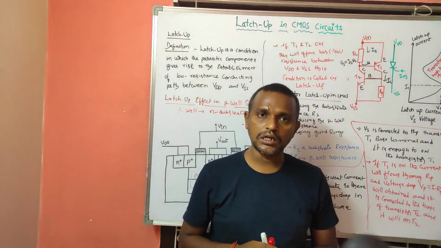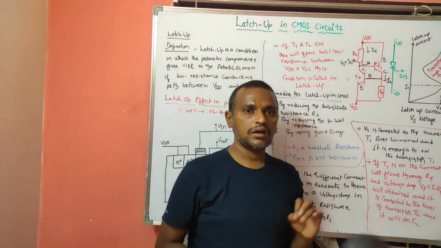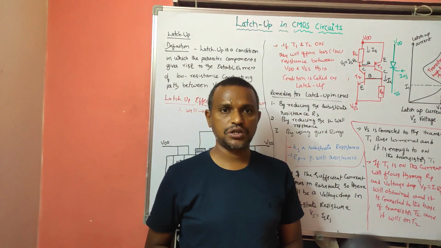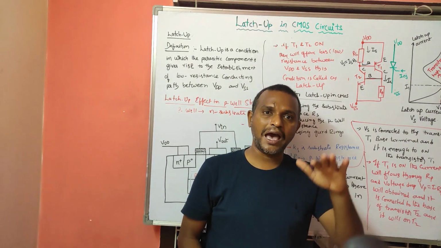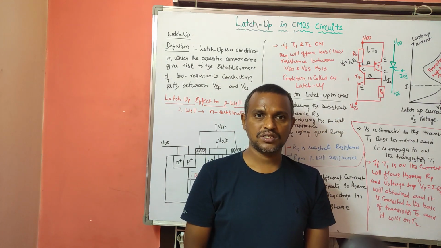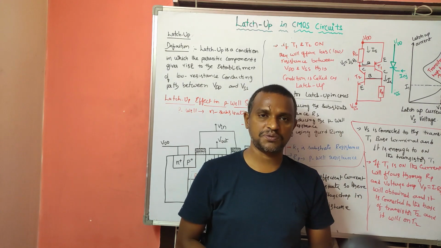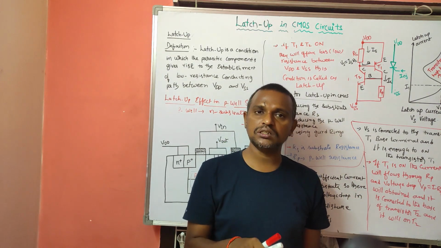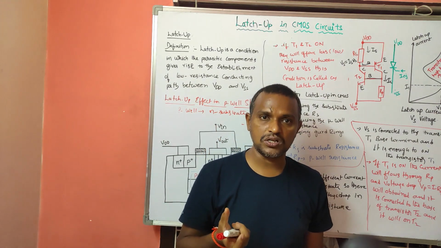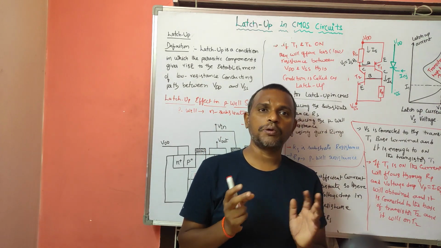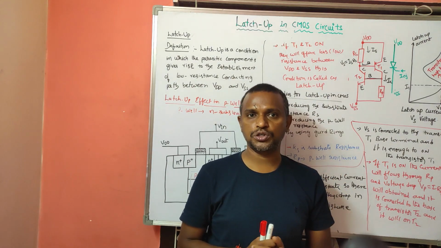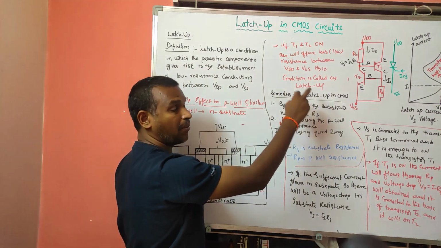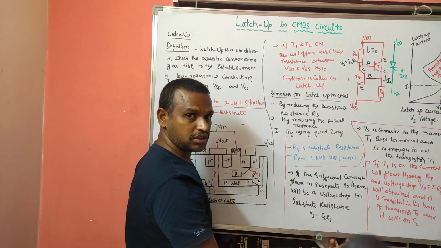To avoid the latch-up condition I have to reduce the substrate resistance, and doping concentration and resistance are inversely proportional. So I reduce RS by increasing the doping concentration of the substrate.